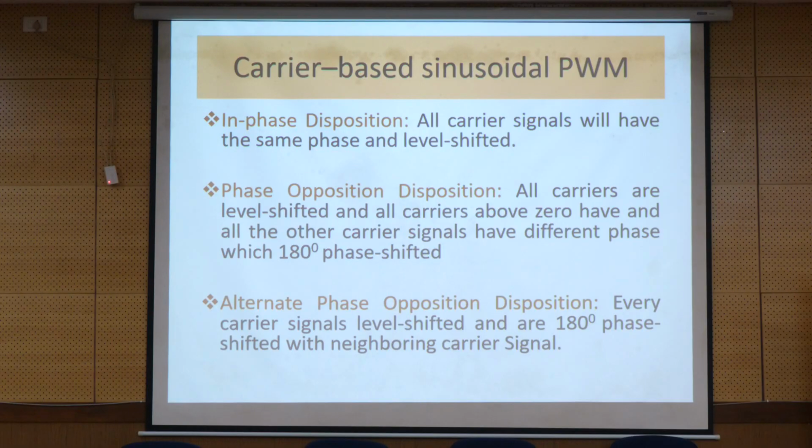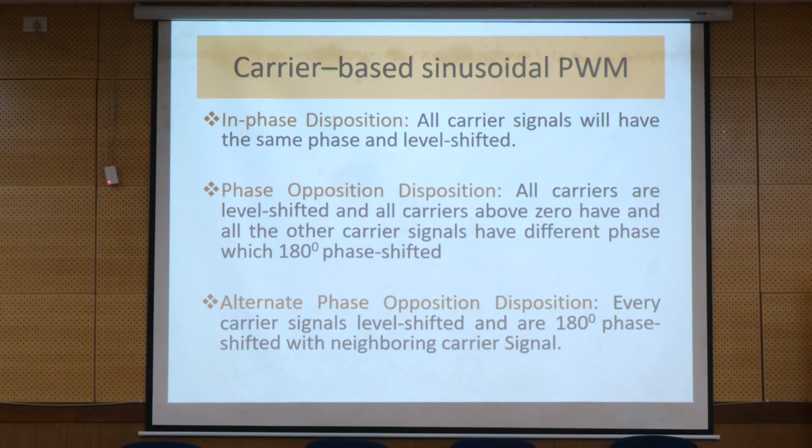I will show the patterns for these also. In alternate phase opposition disposition, every carrier signal is level shifted and is 180 degrees phase shifted with the neighboring carrier signal. These are the different types of carrier based level shifted PWM technique that we have.